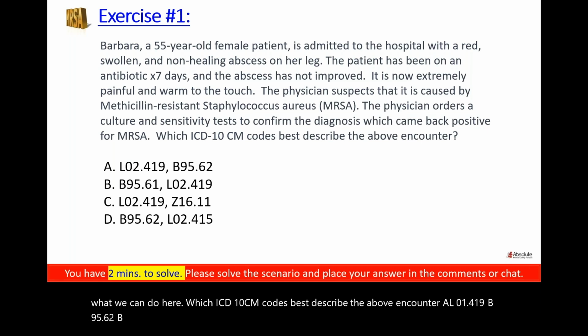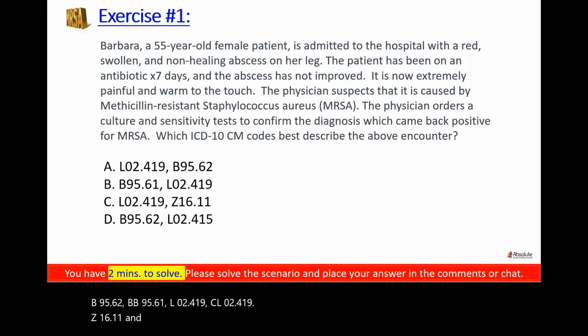B, B95.61, L02.419. C, L02.419, Z16.11. And D, B95.62, L02.415.